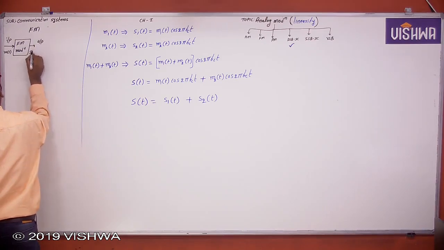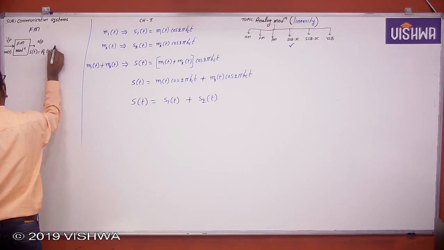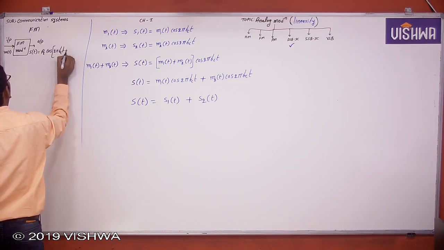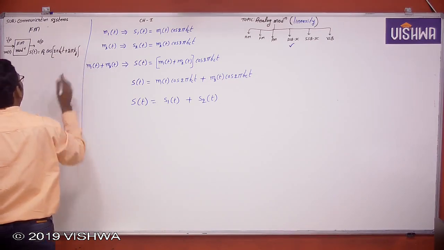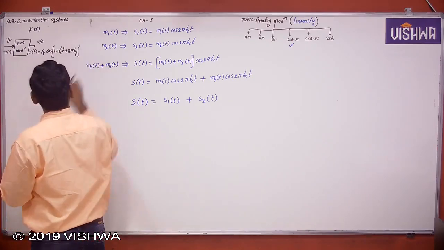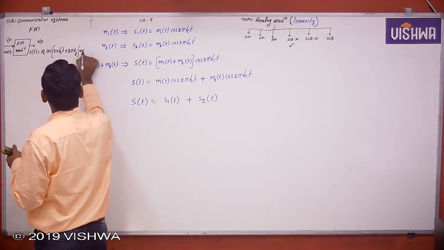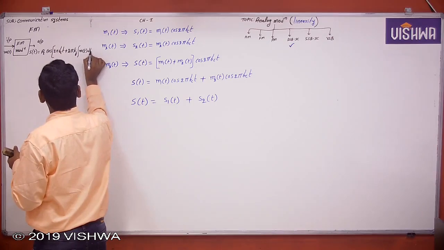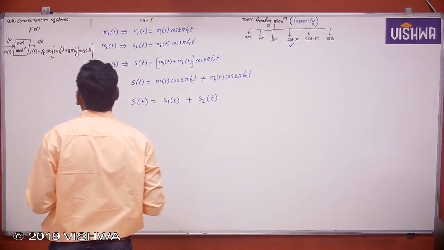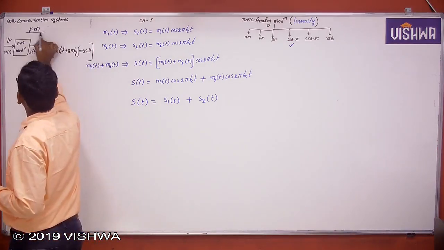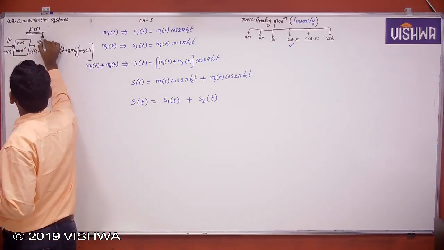Output which is equal to s of t, which is equal to Ac cos 2 pi fct plus 2 pi kf integral m of t dt. Now this is the output of FM signal. This is FM. Now we'll check the linearity of FM.